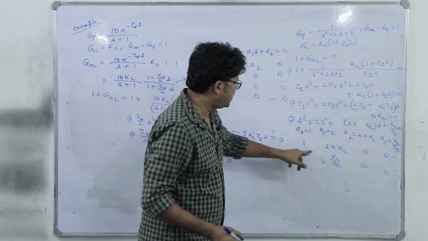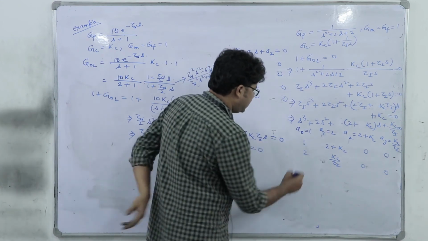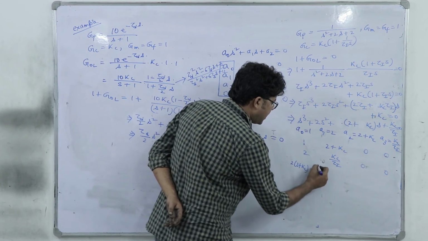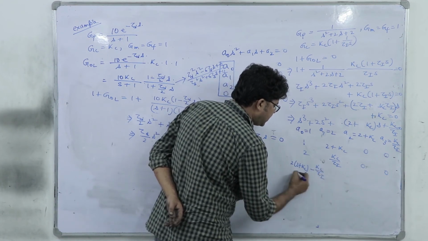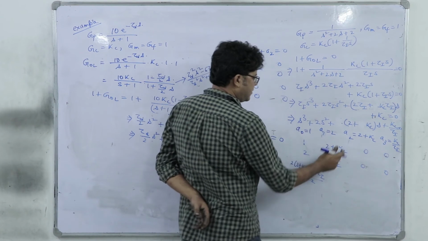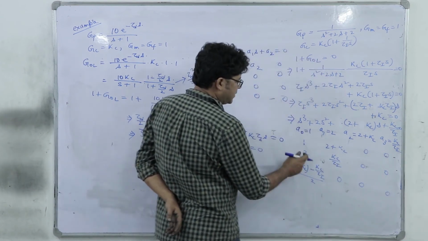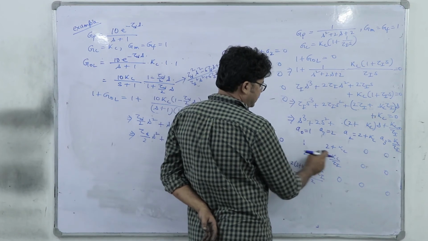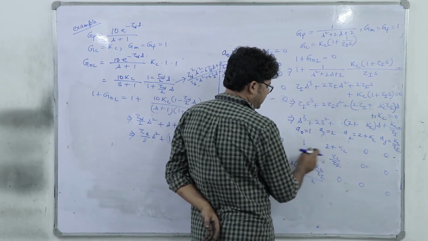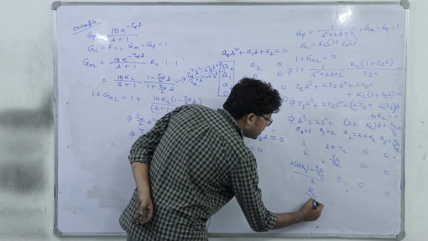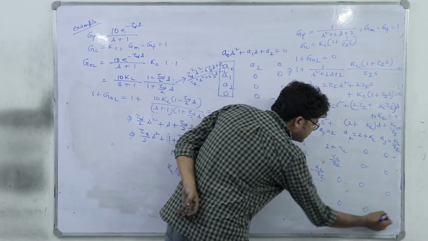Next, cross multiply this, subtract this, divide. So 2 into 2 plus Kc minus Kc by tau I divided by 2. Here this is 0, 0, 0. And for the third, this minus this divided by this. So it is Kc by tau I, again 0, 0, 0.